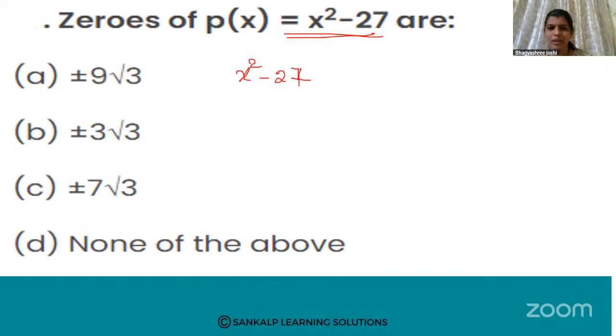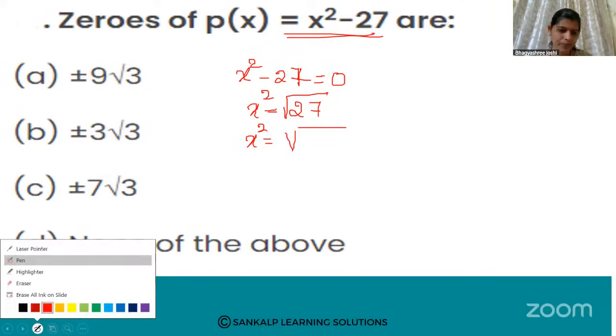Here there is no x to take common. So what shall we do? I will equate this polynomial to 0. So x square equal to, transfer this 27 to this side, equal to 27. x square equal to 27, so x equal to square root of 27.